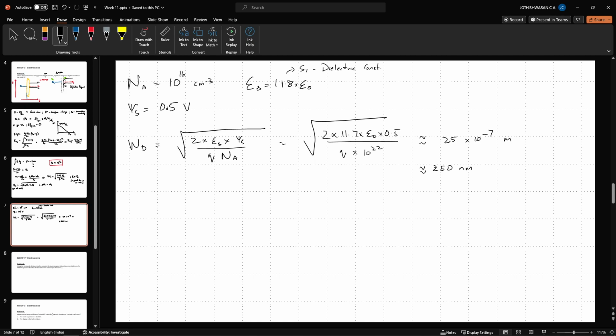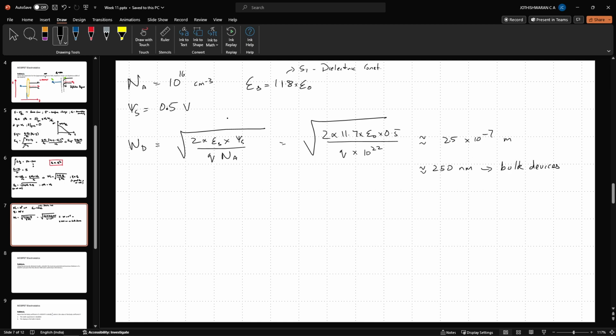It is 250 nanometers, and in our course so far, we are looking at devices with channel length of at most a few tens, like 10, 20 nanometers, or even less than that. So compared to that, this is very large. So this immediately tells us that these numbers correspond to a bulk device, like the parameters that we chose here.